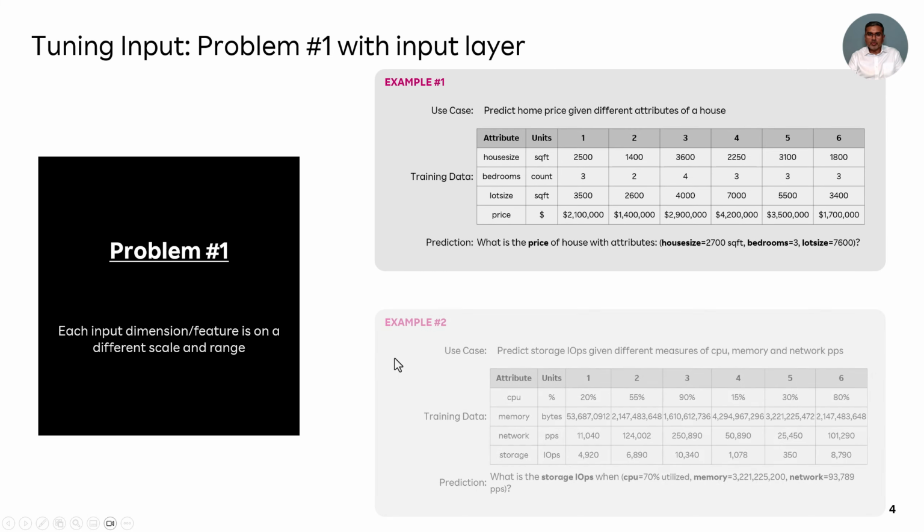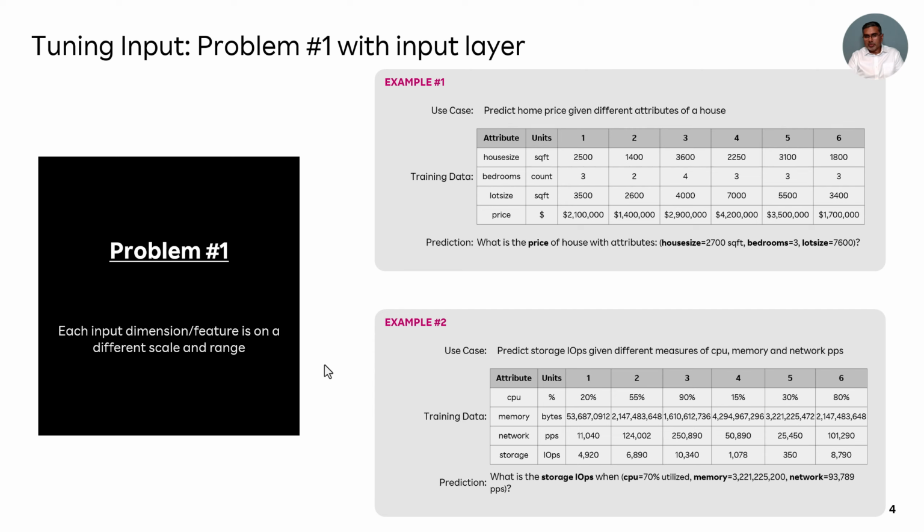Another similar example would be something that you see here, where the neural network is being designed to predict the storage IOPS or the performance of the storage for different values of CPU utilization, memory consumption, and the network packets per second. And here again, you see that the storage IOPS is between thousands to tens of thousands in terms of the range of values.